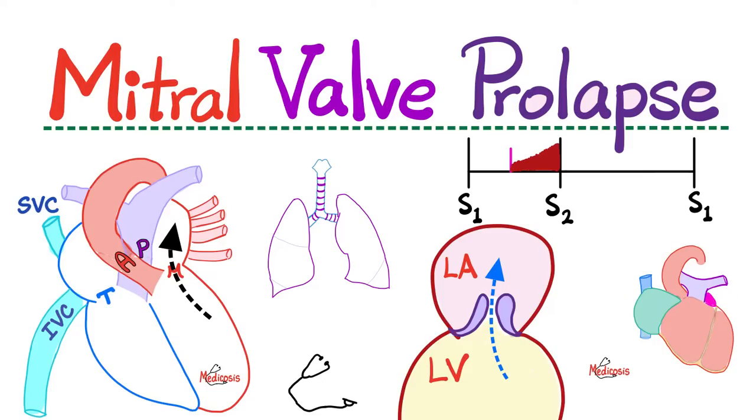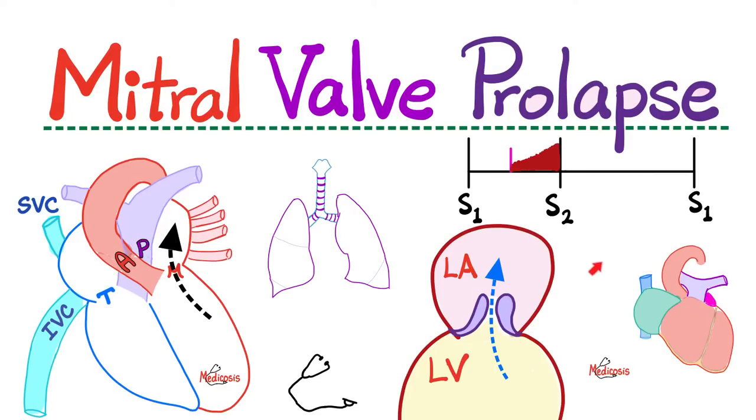In previous videos, we talked about angina and myocardial infarction. We talked about cardiogenic shock, obstructive shock, hypovolemic shock, septic shock, neurogenic shock, and anaphylactic shock. We talked about cyanotic congenital heart diseases and acyanotic congenital heart diseases. We discussed rheumatic fever and infective endocarditis, dilated cardiomyopathy, hypertrophic cardiomyopathy, and restrictive cardiomyopathy.